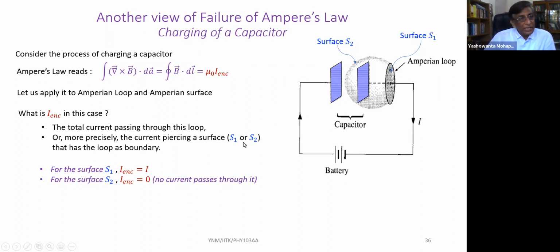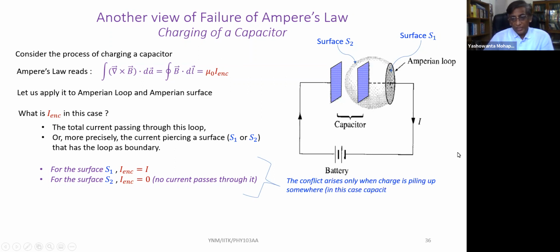And that's a big gap in the consistency of applying this even to this simple case of charging of a capacitor. Now, such a conflict arises when charge is piling up somewhere.